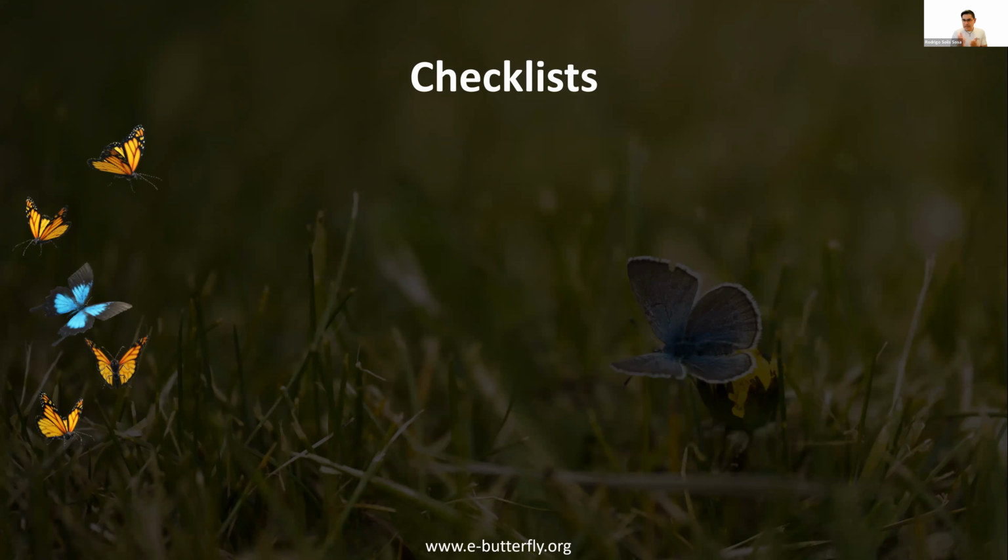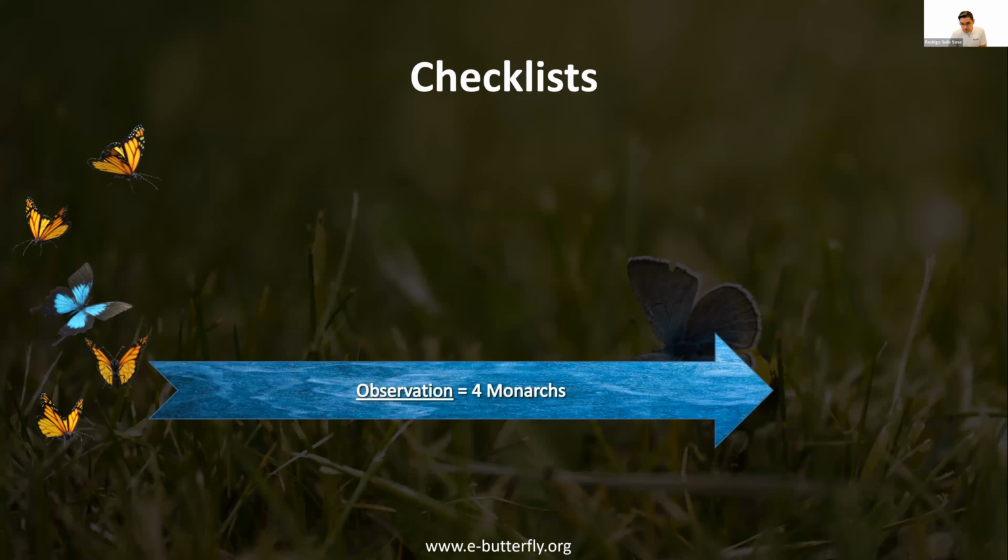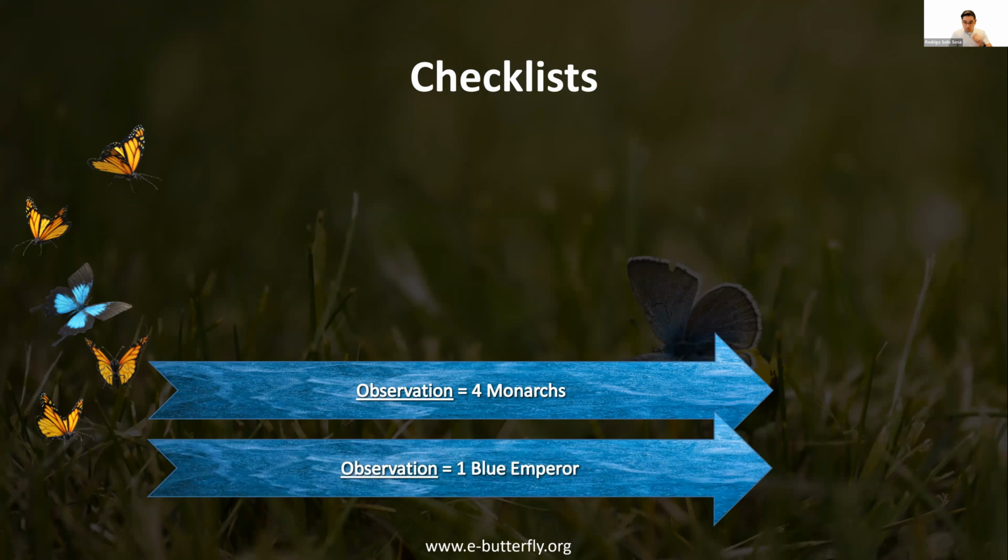So let's say you opened the other platform, whichever you like. How would you do it? Well, easily, right? I saw 4 monarchs and I saw 1 blue emperor. That is the basic trick, right? Just 4 monarchs, 1 blue emperor. That's it.